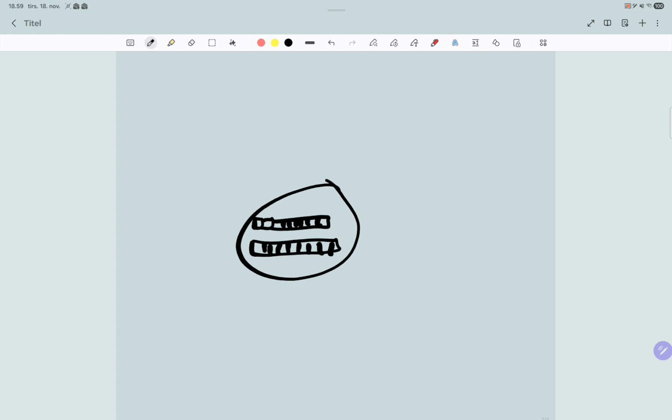Because this one you have to look at from the front. Okay, so you will try to draw the teeth, and this is the mouth, and this pink color is the teeth.